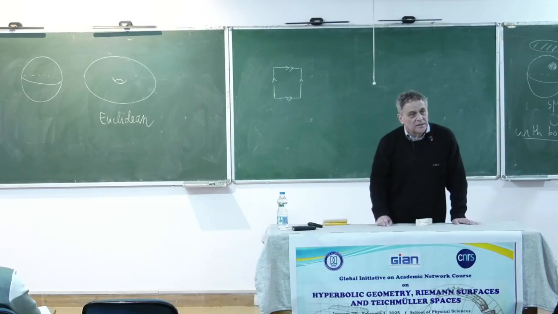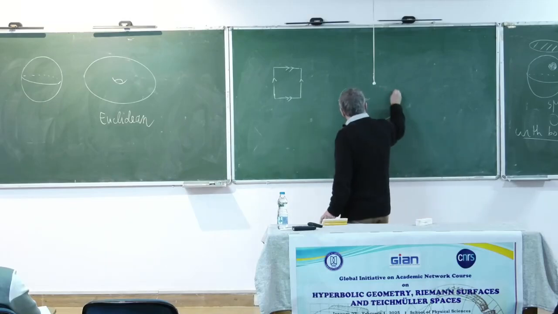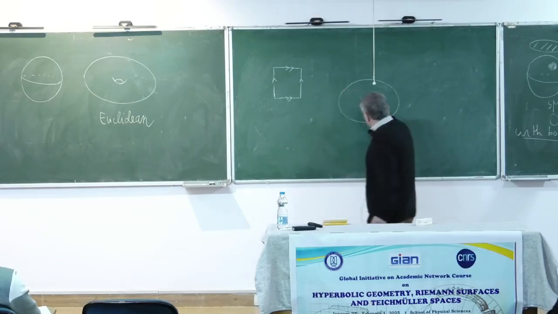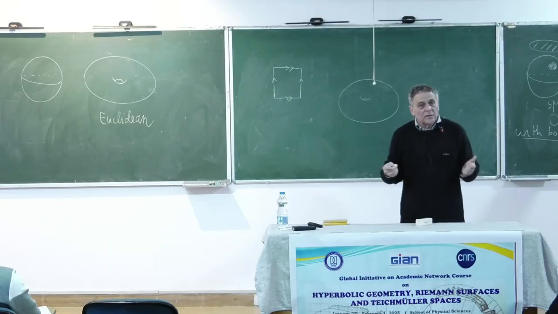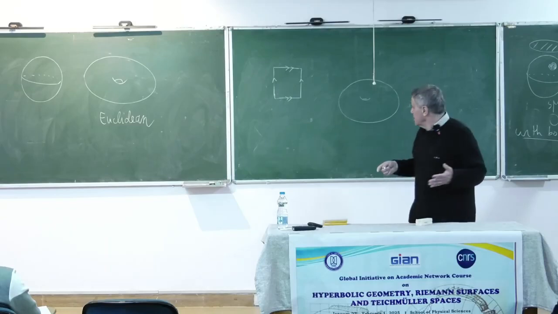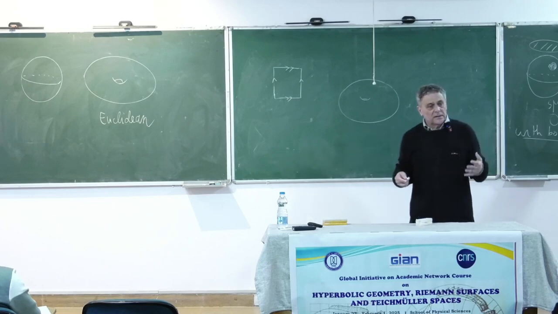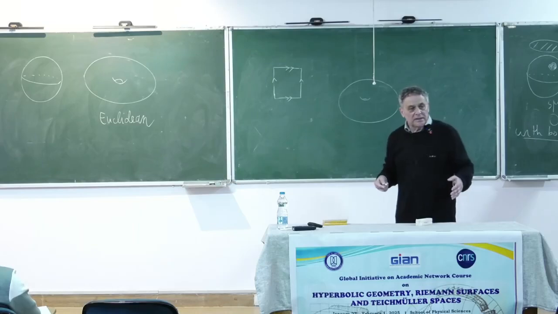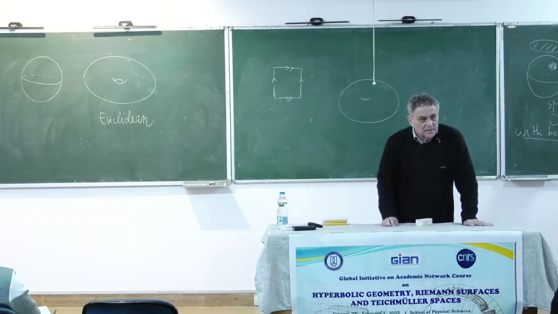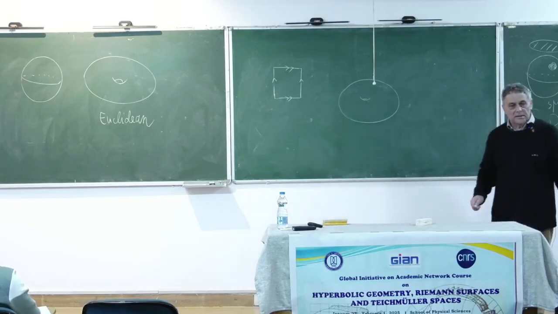You must imagine it, because this is important. If you imagine it as a part of Euclidean 3-space, you will not think that it is flat, right? Topologically, it's S1 cross S1.